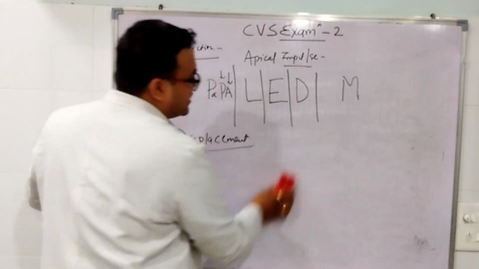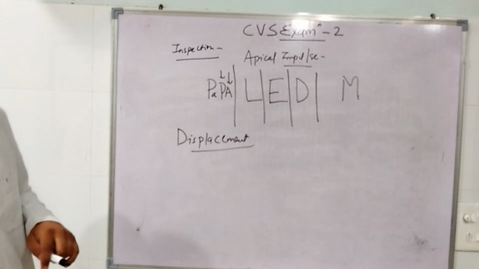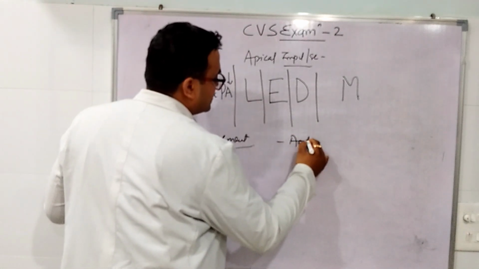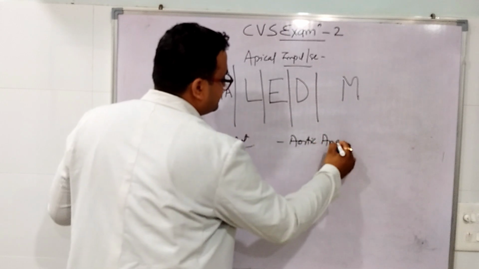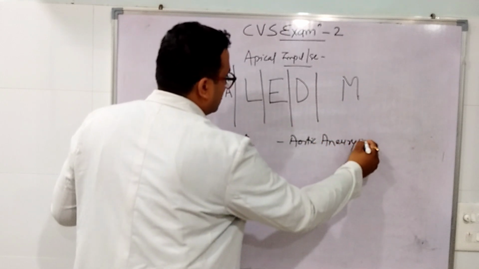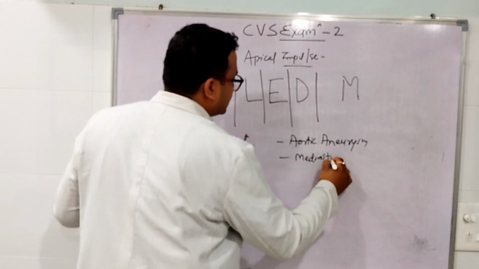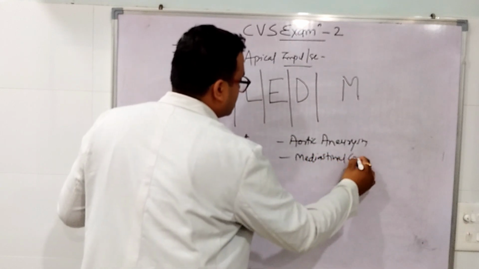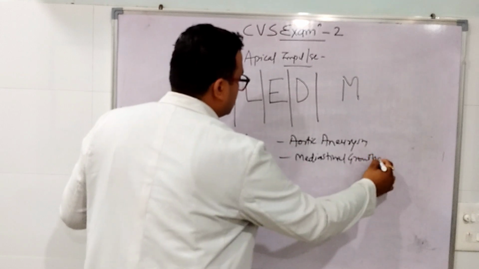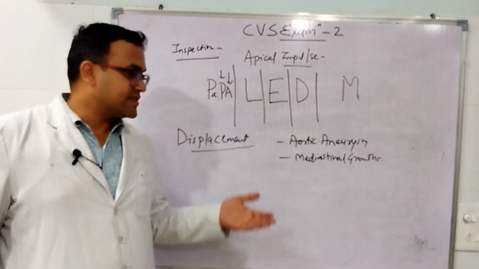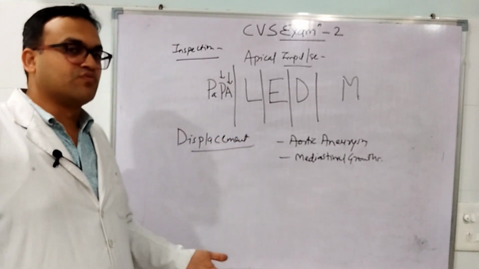What are the causes of downward displacement? Downward displacement can be seen in aortic aneurysm or mediastinal growths. In these conditions, the apical impulse can be shifted downwards.